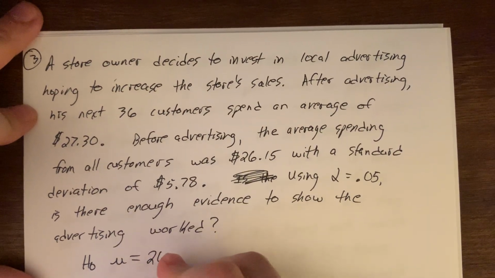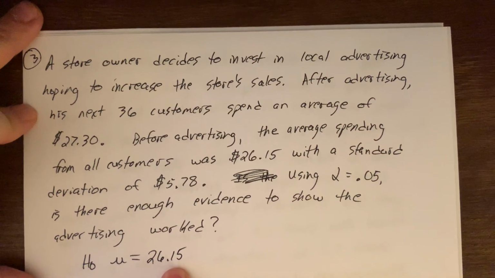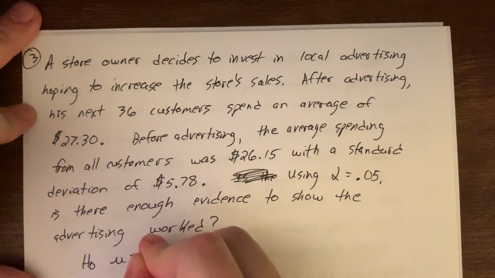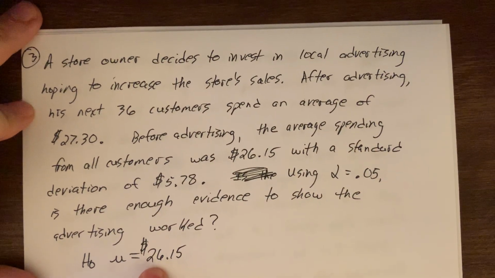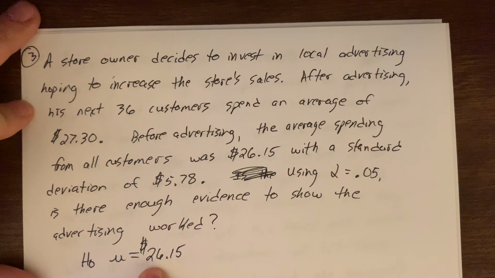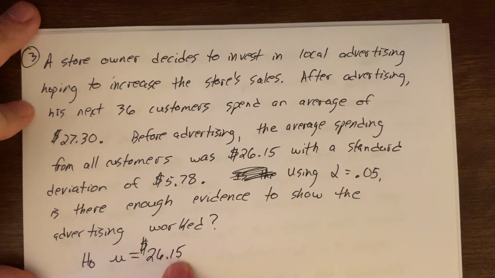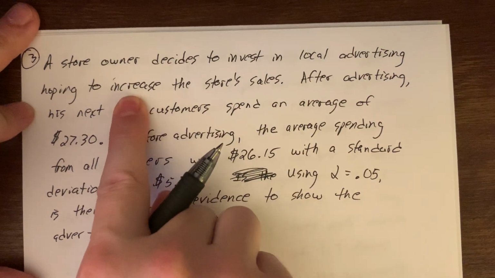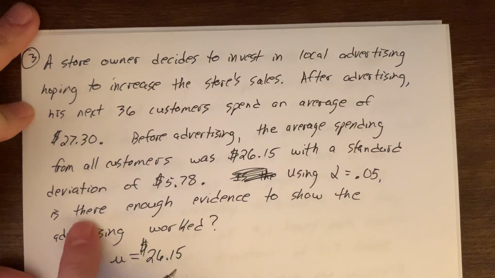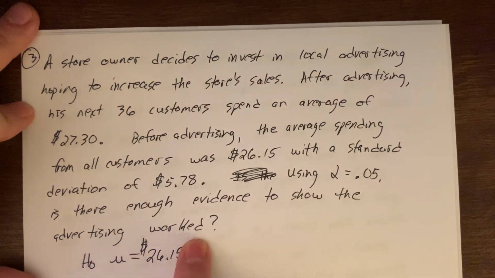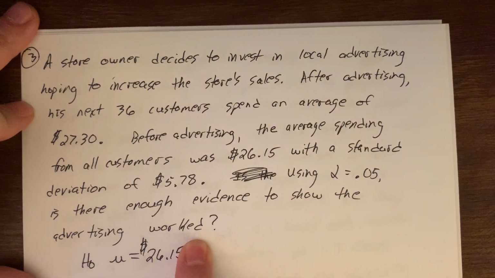That is the old mean. And again, a good idea to include units. I'm not going to write out the full sentence, but we would say the average amount spent by a customer is $26.15. And the alternative, well, we want to increase our sales. Is there enough evidence to show advertising worked? Well, how does advertising work?